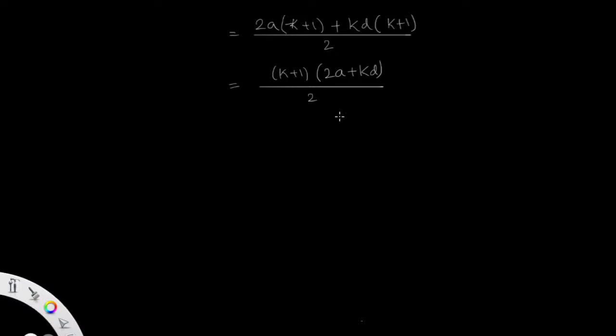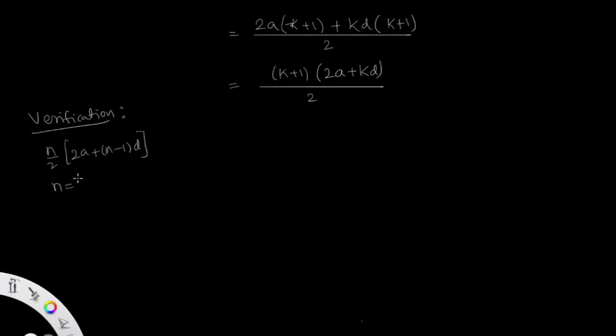So from this the problem concludes that it is in the form of K plus 1. Whether verification also you can take. What is the last step? n by 2 into the RHS, you can take 2A plus n minus 1 into D. This is verification whether it is correct or not. Doing the verification, all terms should be in terms of K plus 1.